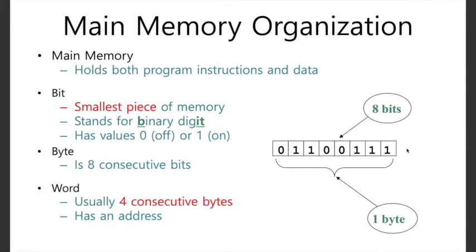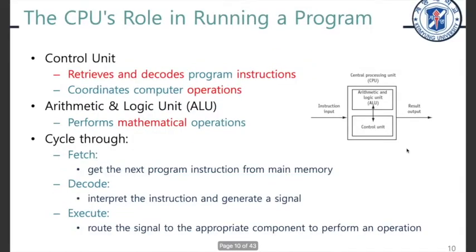And then let's see what the role of the CPU is. Before we talk about the role of the CPU, the CPU itself is divided into 2 parts, the control unit and the arithmetic logic unit. The role of the CPU is to fetch input, then decode the input and execute, and finally give the result of the execution as an output.